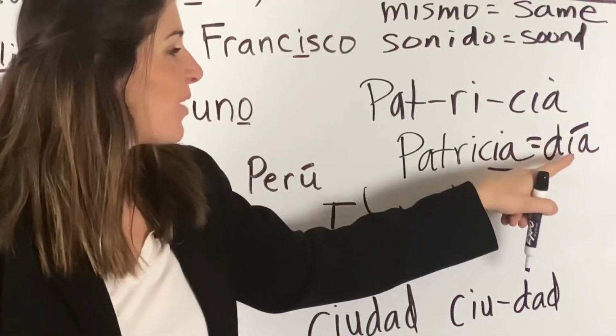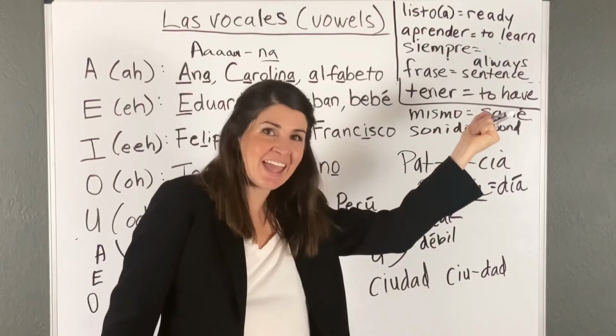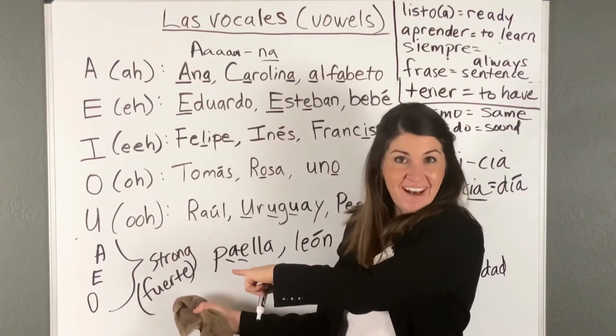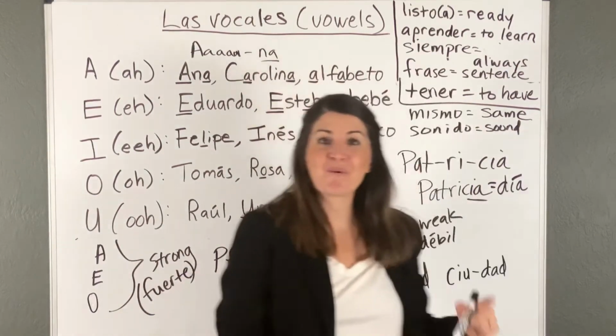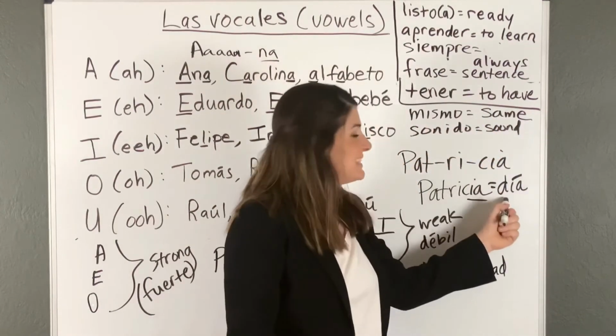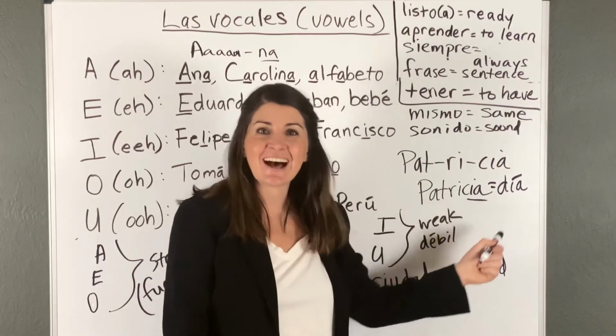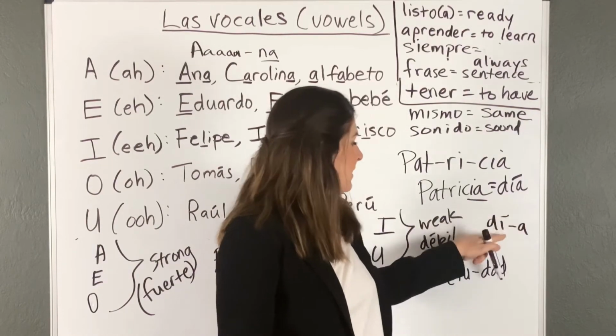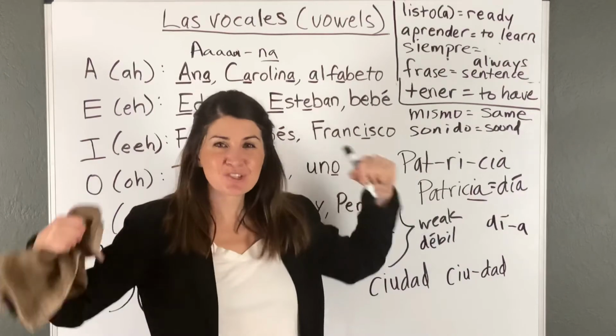When you give a weak vowel a tilde, it becomes a strong vowel. So what does that mean? It means it gets its own syllable. Dia. So if I were to break up dia, weak vowel with a tilde becomes strong, gets its own accent.